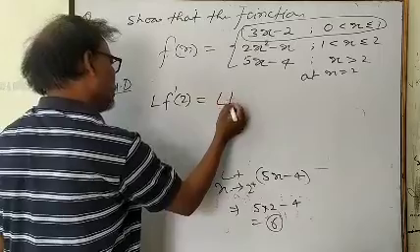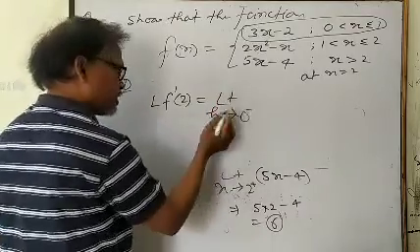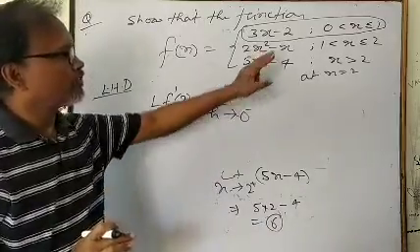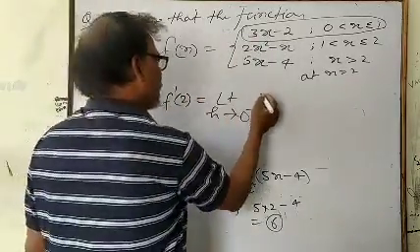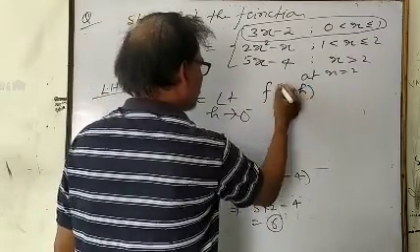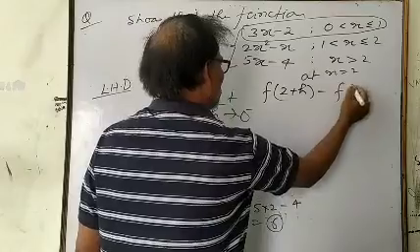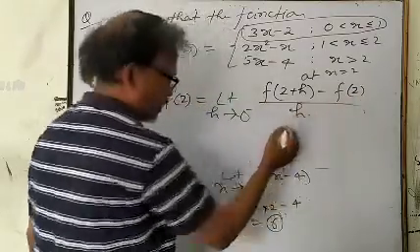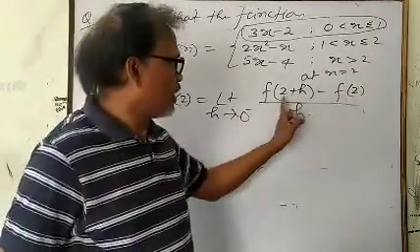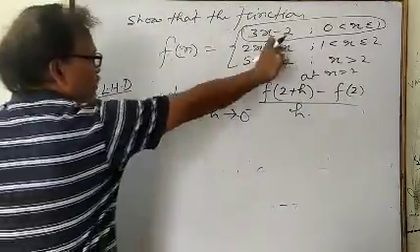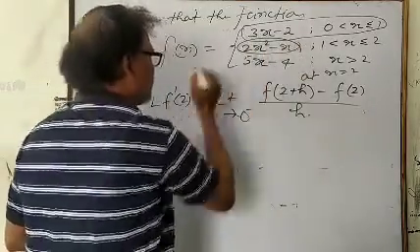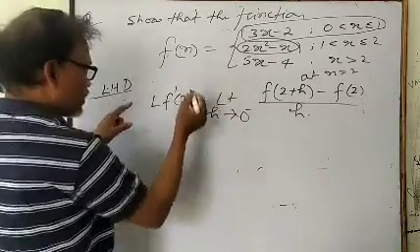So Lf dash 2 is the limit h tending to 0 minus, it is always there because we are talking about the less than value, of f(2 plus h) minus f(2), whole upon h. First of all, you have to find f(2) and f(2 plus h) from this function. We are talking about less than 2, therefore we use this function for the left hand derivative.